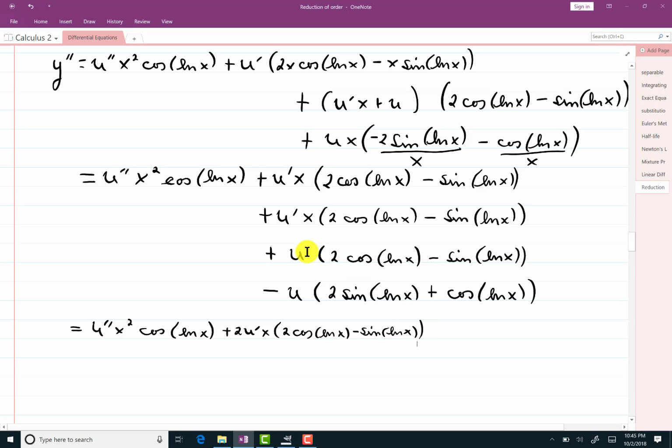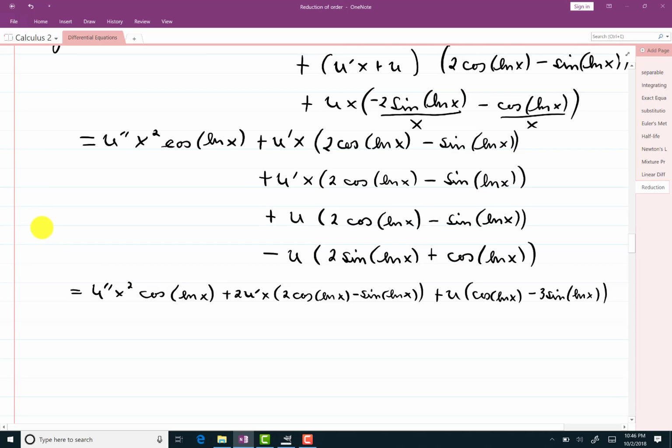And then on these u's, I have 2 cosine of x minus a cosine of x. So that's going to give me cosine of ln of x. And then on the portions with sine, I have negative u and then negative 2u. So negative 3u sine of ln of x. Alrighty. So there is my y double prime.